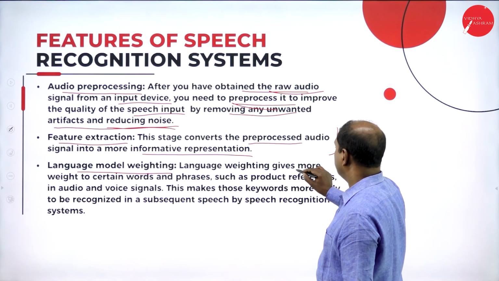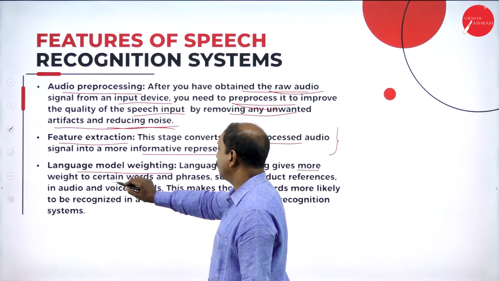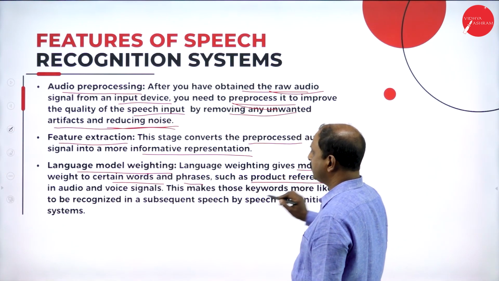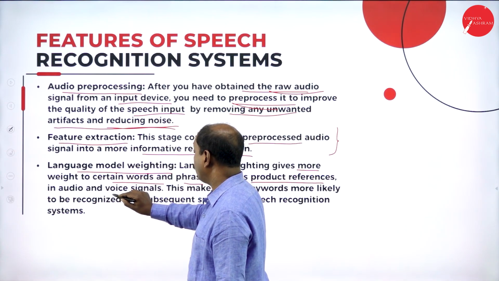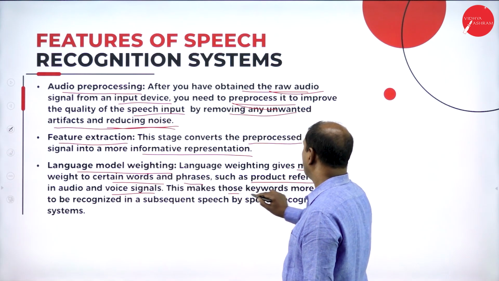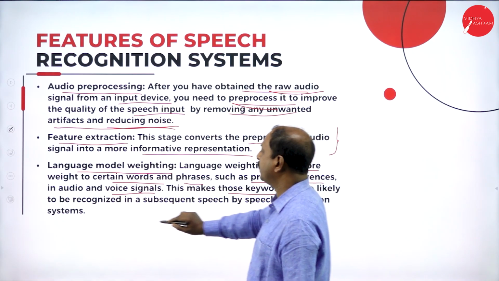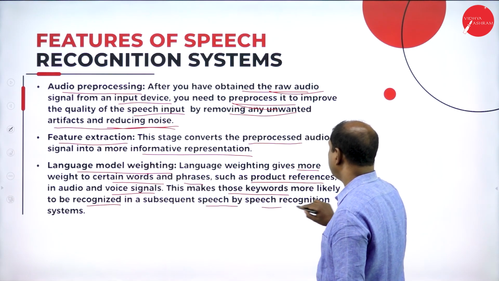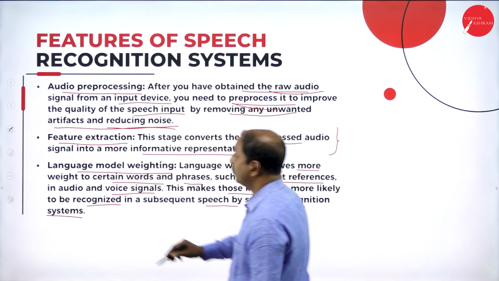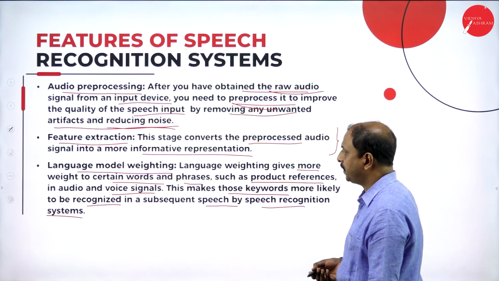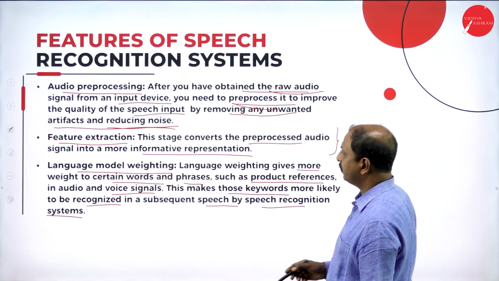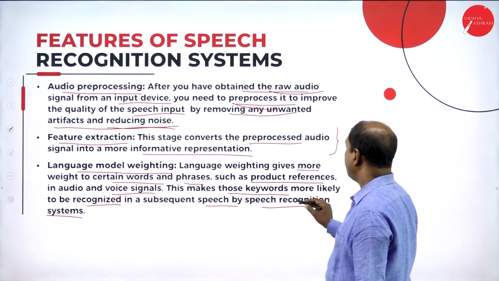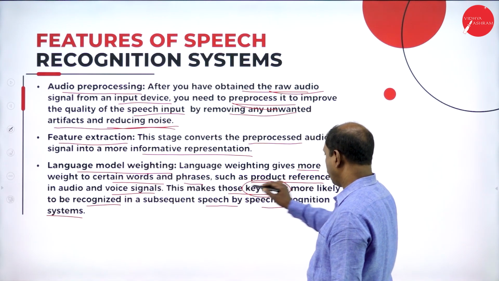It gives more weight to certain words and phrases, such as product references in audio and voice signals. This makes those keywords more likely to be recognized in subsequent speech by the speech recognition system. This is one of the important steps. Language model weighting means looking for particular keywords.